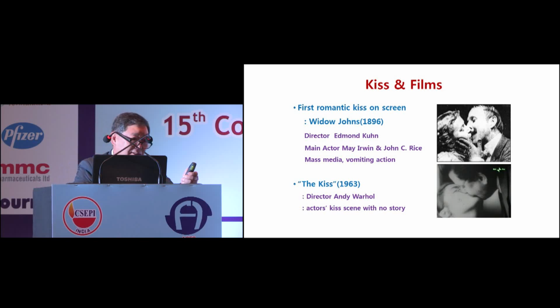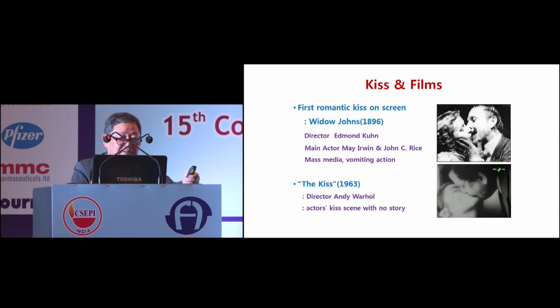At that time, mass media condemned this kind of scene as a vomiting action, very negative to show kissing actions in movies. And then about 70 years passed, and the movie The Kiss was directed by Andy Warhol.